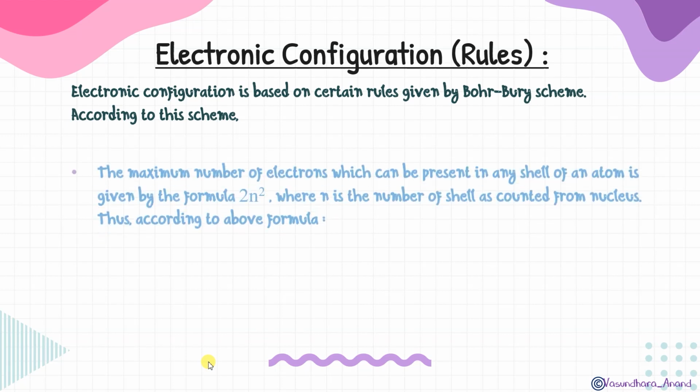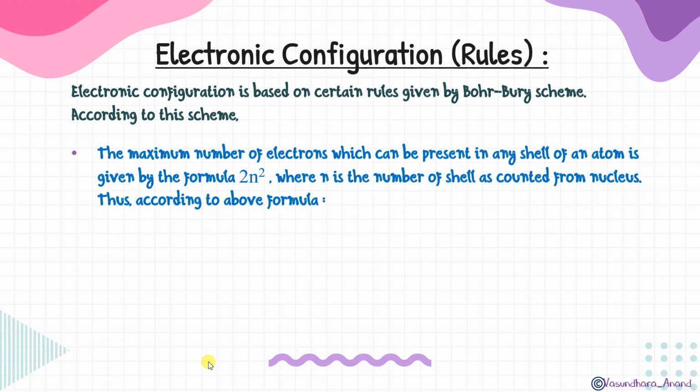According to this scheme, the maximum number of electrons which can be present in any shell of an atom is given by the formula 2n square, where n is the number of the shell as counted from the nucleus: 1, 2, 3, 4 like this.